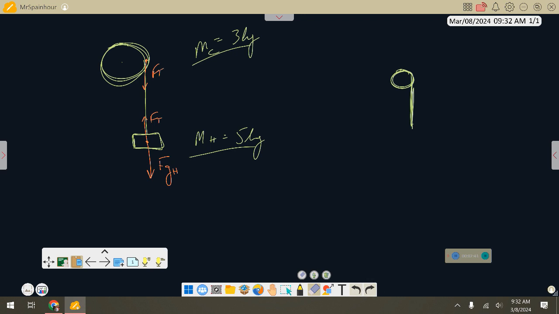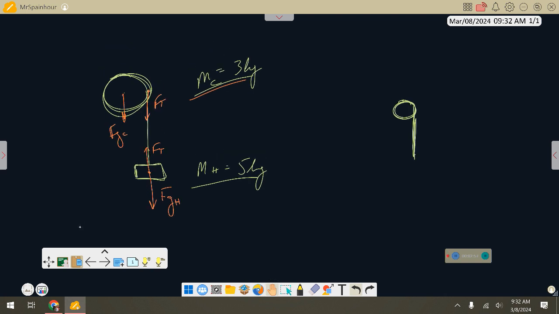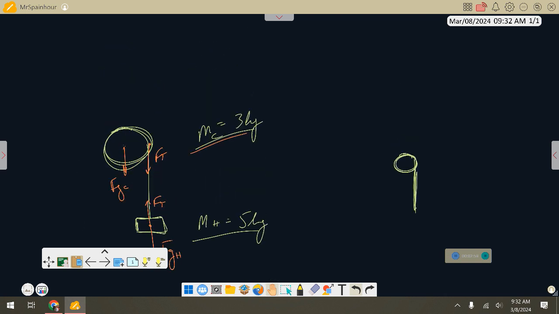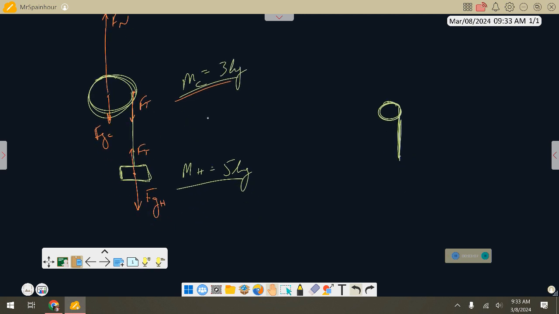Next, the thing's going to have force of gravity, so this would be force of gravity, we'll call that cylinder. And since there's probably some type of post right in the middle of that, there's going to be some type of force normal. Just using basic forces, those two are pointing down, so this should be equal to that right there. And there's my force diagrams.